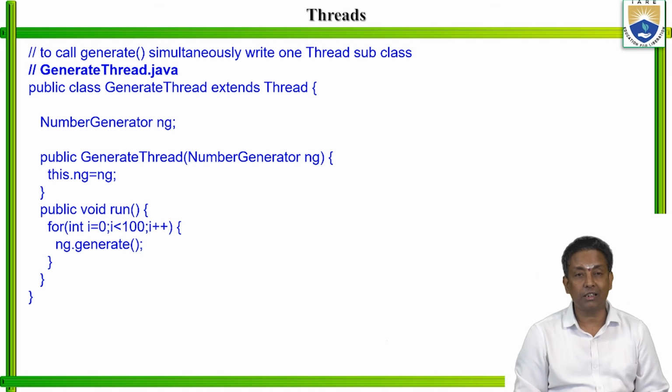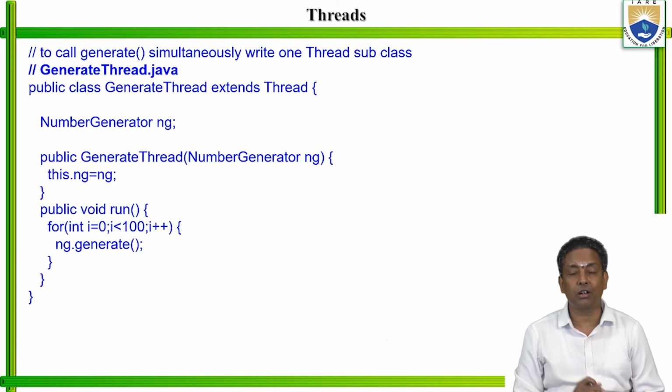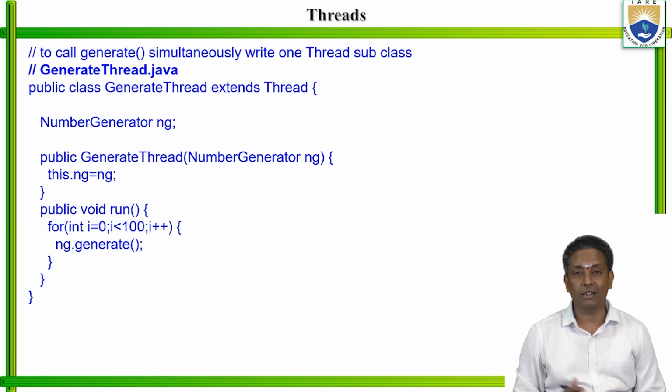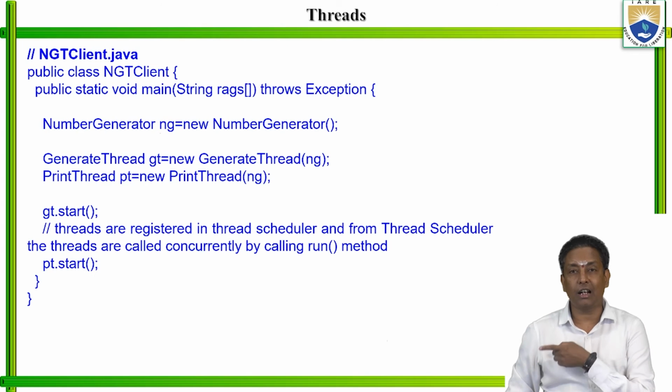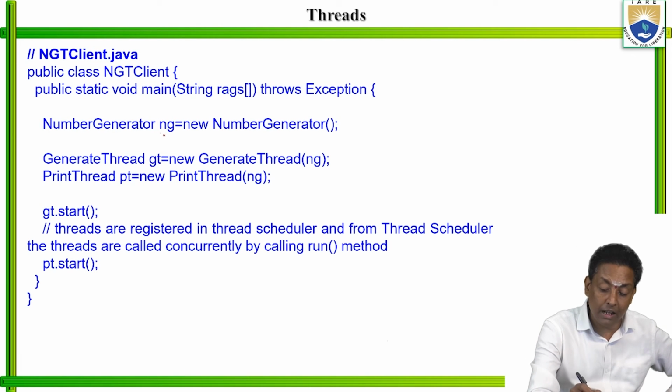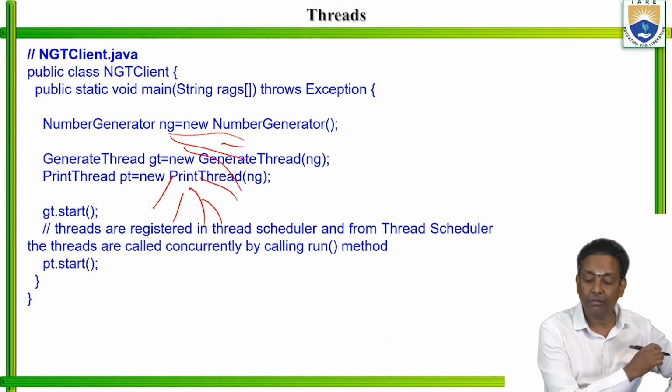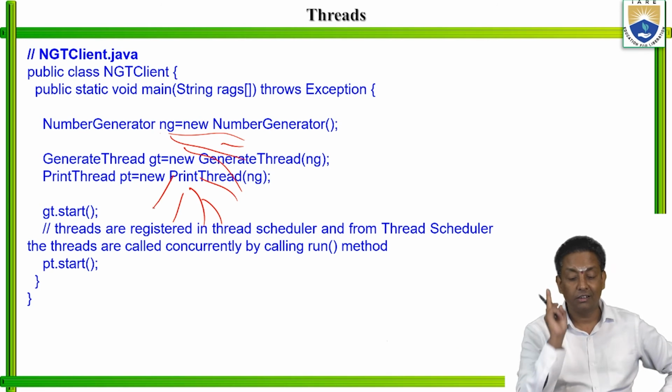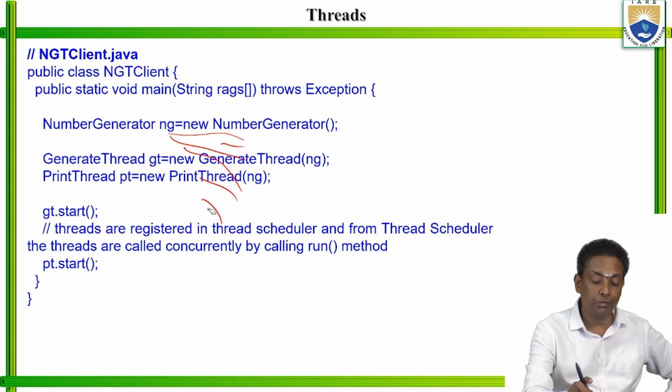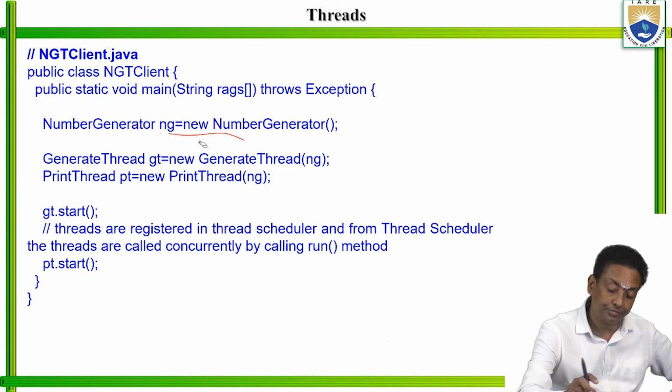Even if the NumberGenerator class has 10 methods, if all 10 methods want to run simultaneously, you write 10 thread classes. But into all the thread classes you pass the same NumberGenerator object into every constructor and start all the threads. A single NumberGenerator object is used by all the threads.